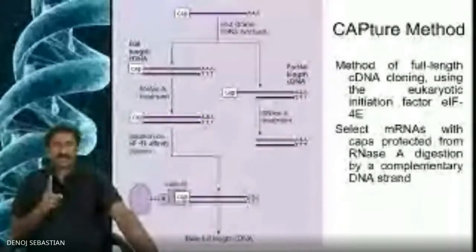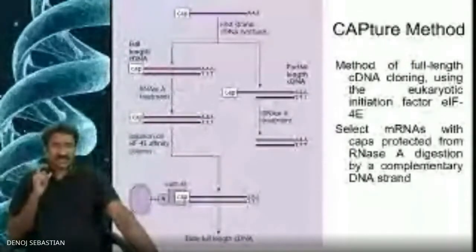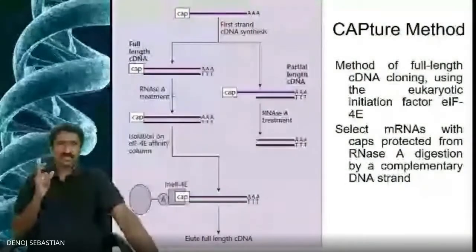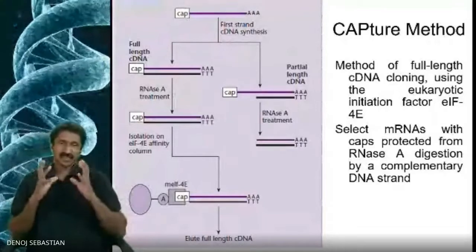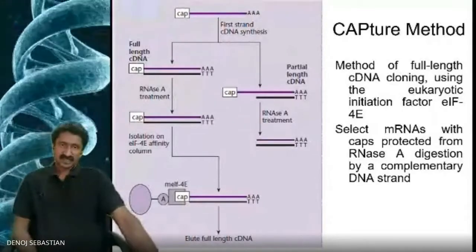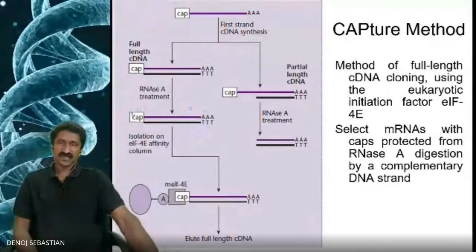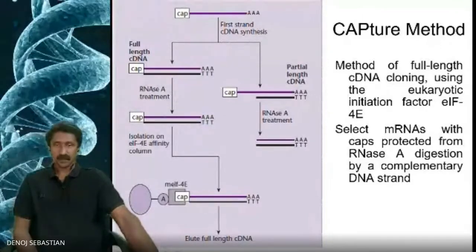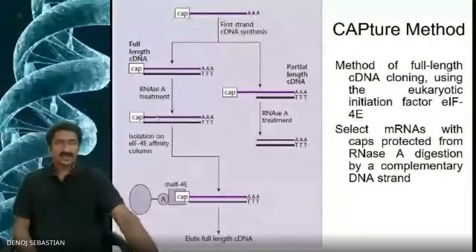And for that, you are using an RNase A treatment. RNase A treatment is used for cleaving single-stranded RNA. So RNase A treatment will not have any effect if you have the first strand completely synthesized and protecting the mRNA, because it's a hybrid.